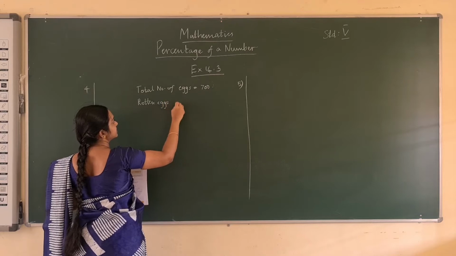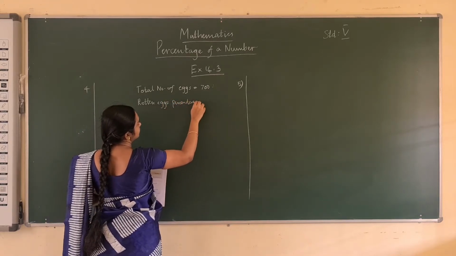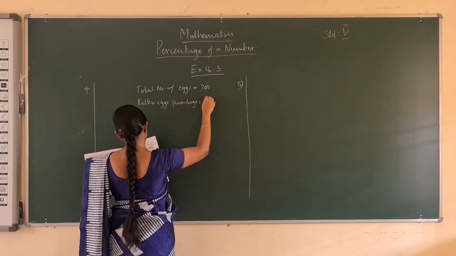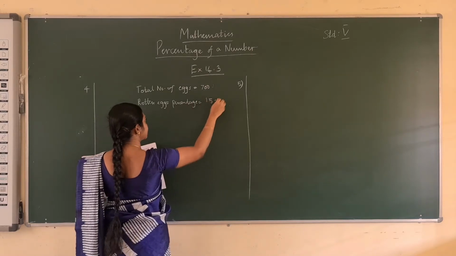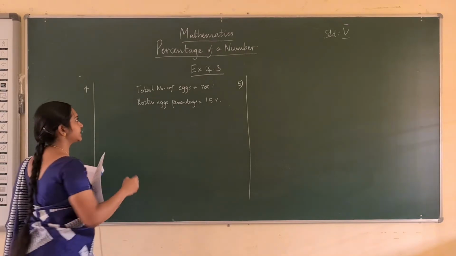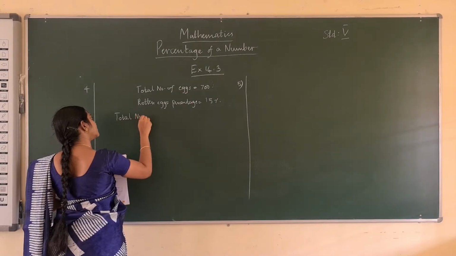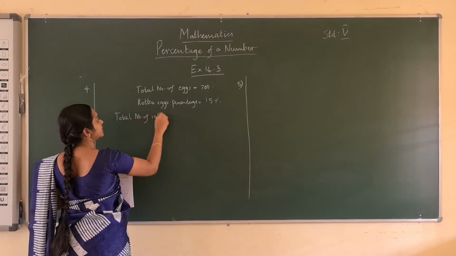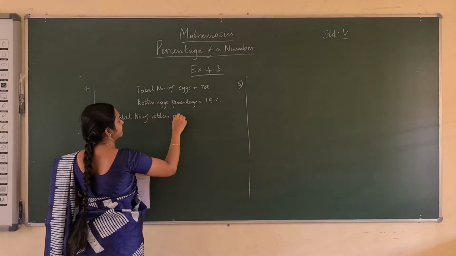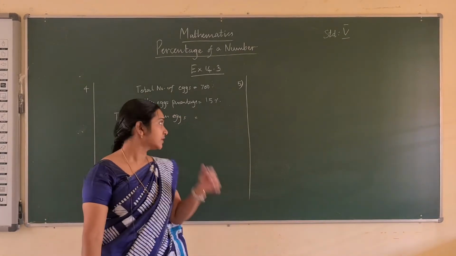Rotten eggs percentage is given, it is given as 15%. We have to find the number of rotten eggs.